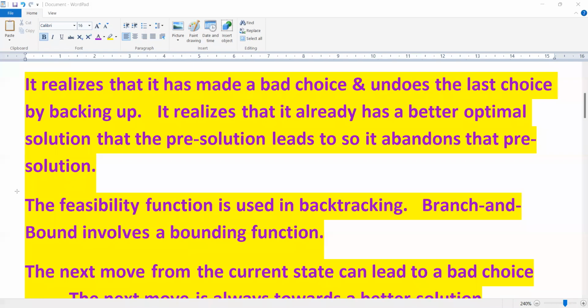Next, the feasibility function is used in backtracking. Branch and bound involves a bounding function.